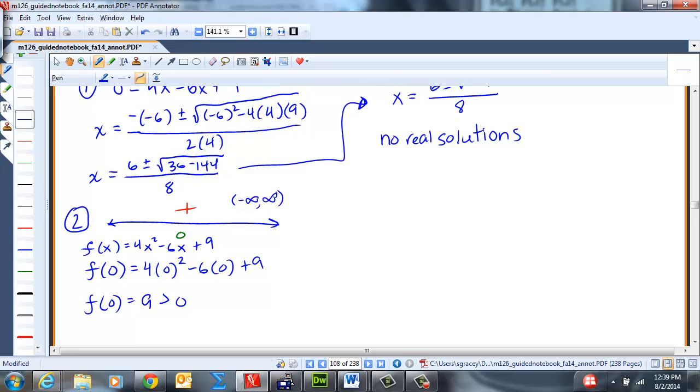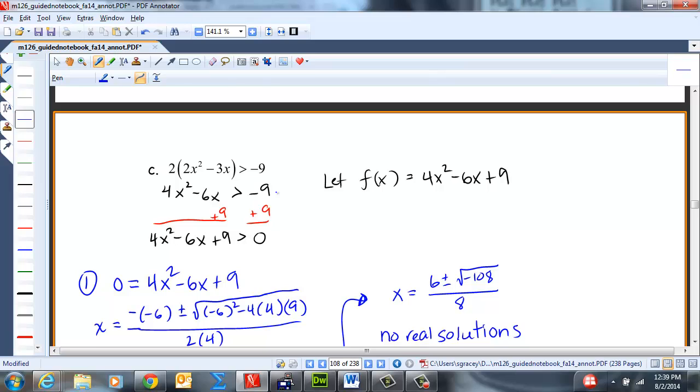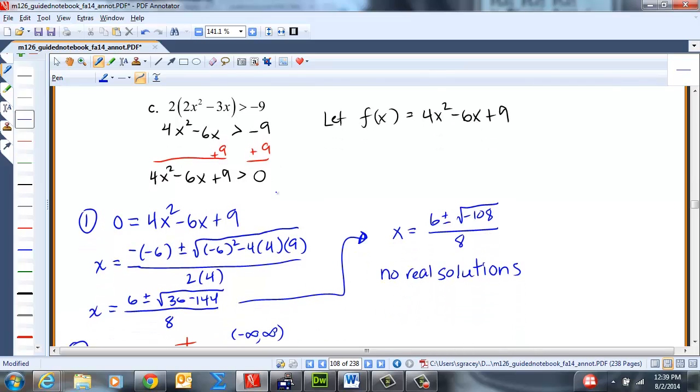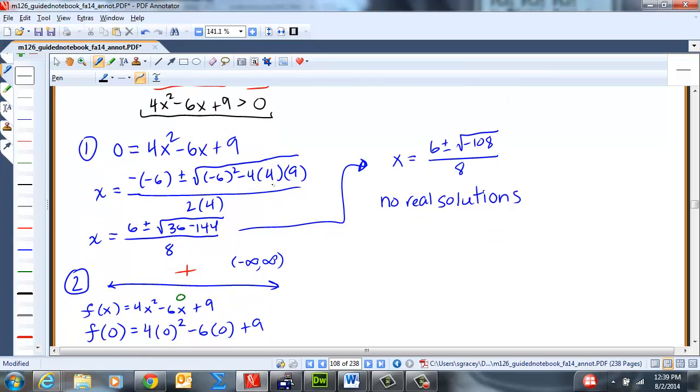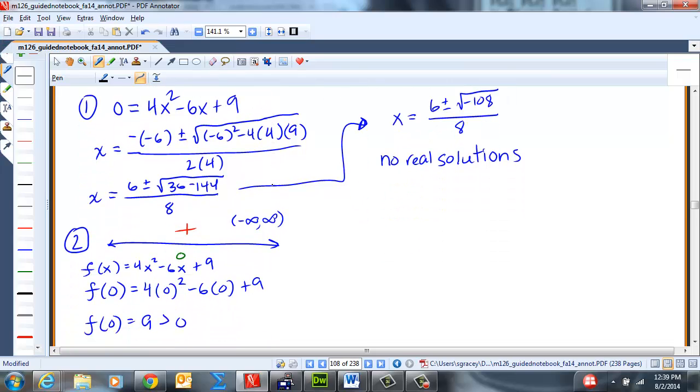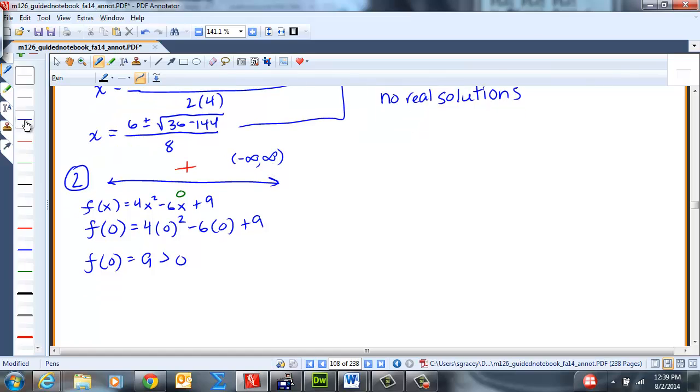So let's take a look at our inequality that we found. So this is the inequality once we got 0 on one side. We are looking for greater than 0 solutions. So we end up getting all real numbers work as solutions. If we had gotten a negative there would have been no solution, but we got a positive and we had a greater than.